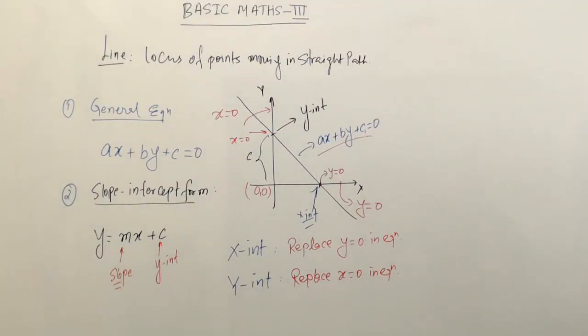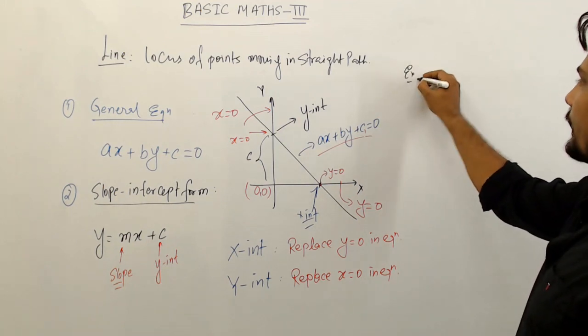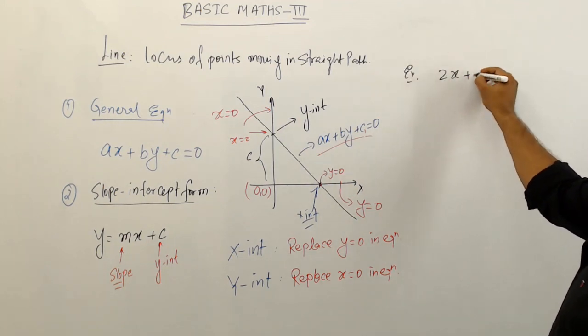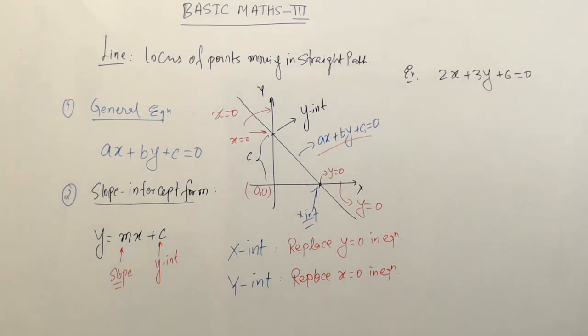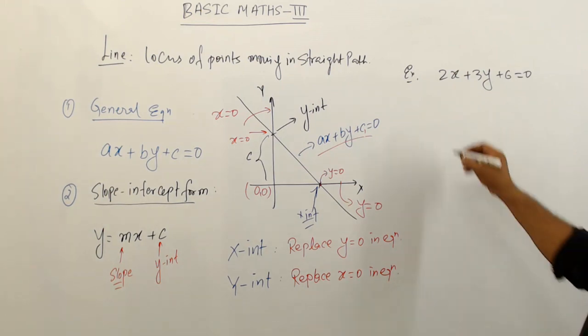Let us see how. I'm going to give you a general example. Let's say I have a line, probably 2x plus 3y plus 6 equals 0. I want to find the x-intercept and the y-intercept this line makes on the x and y axes respectively.